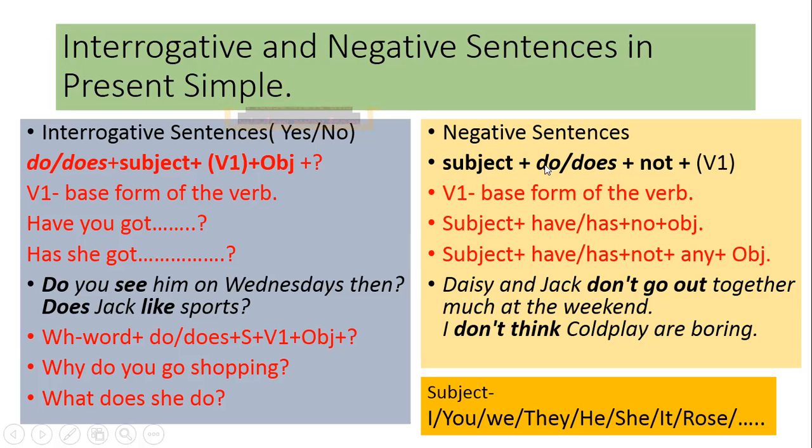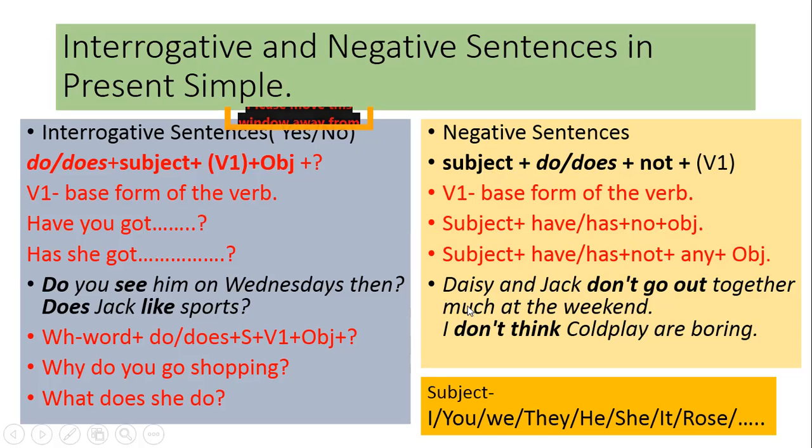So here do or does must agree with the subject and V1, and it is the same for have and has. We use no, or if we are using not, then that should be followed by any.